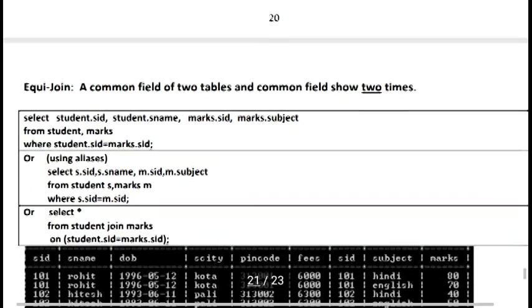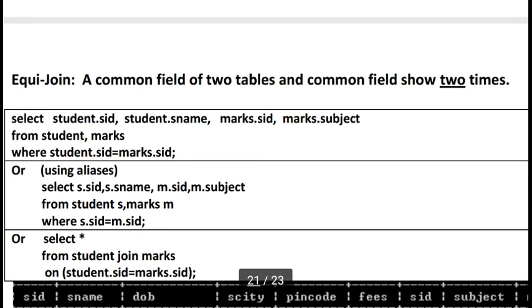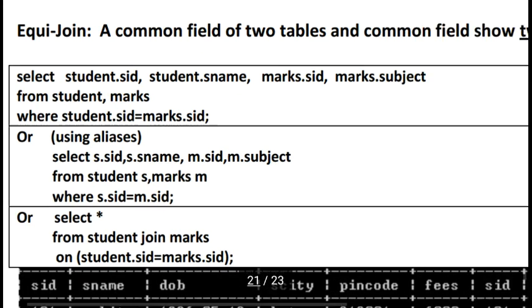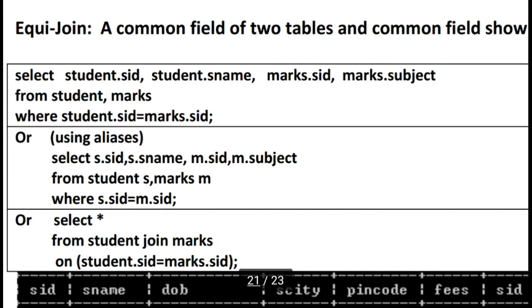Now equi-join. A common field of two tables shows two times. Here the student table has a SID column and the marks table has a SID column, but SID repeats two times. So you can see select student.sid, student.sname, marks.sid, marks.subject.